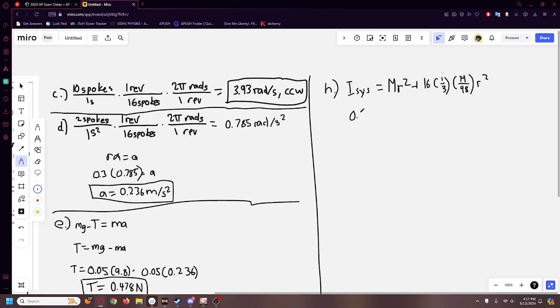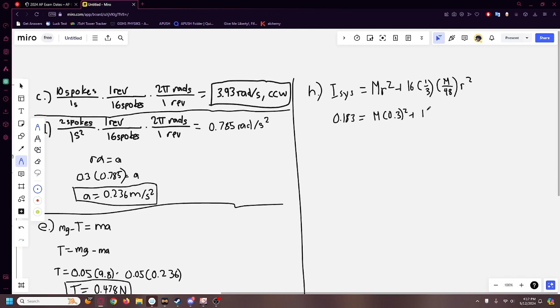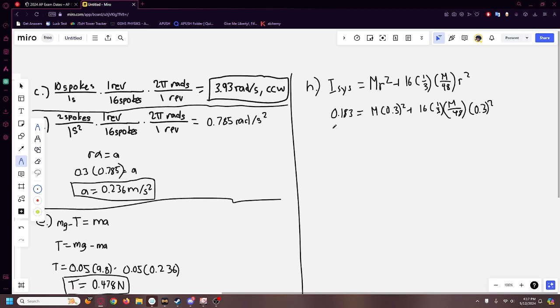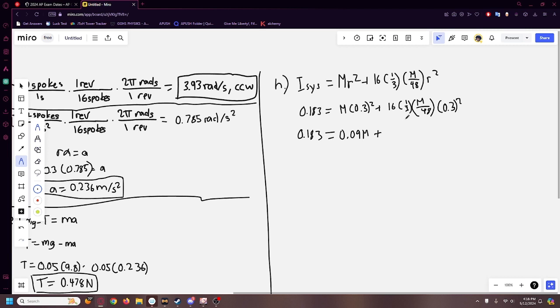So 0.183 is equal to M times 0.3 squared plus this. You multiply it, so this would be 0.09 M plus this is about 0.01 M.